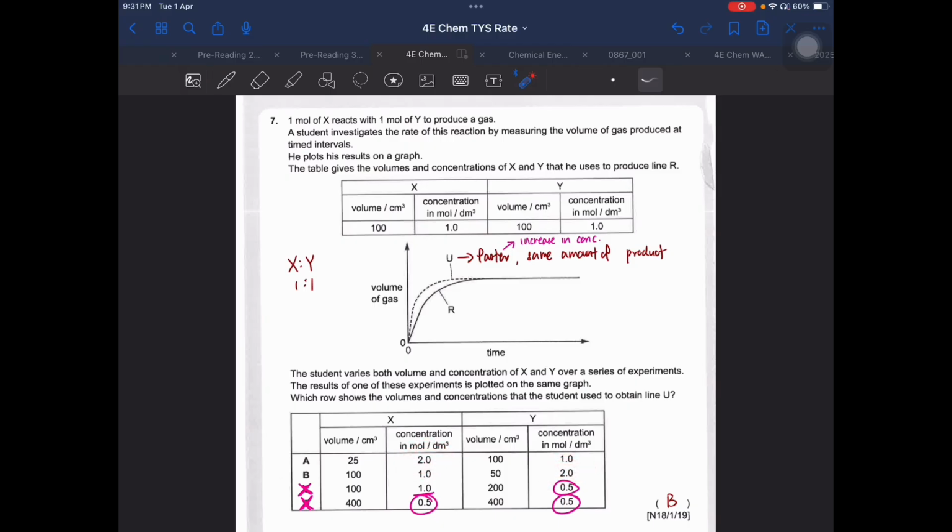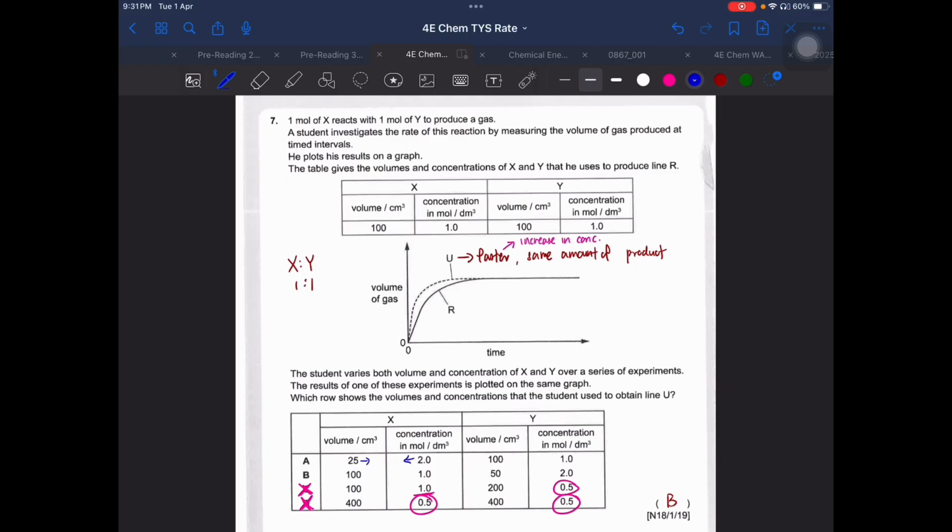Now we know that it will be faster because the concentration changes. But we need to look at the second part of the graph, whether the same amount of product actually comes out. That's where we have to calculate the mole of the chemical.